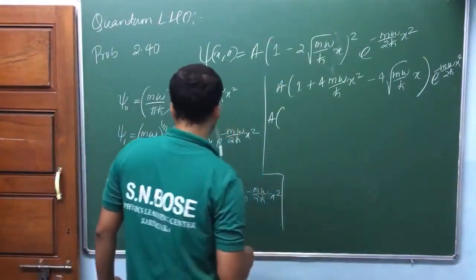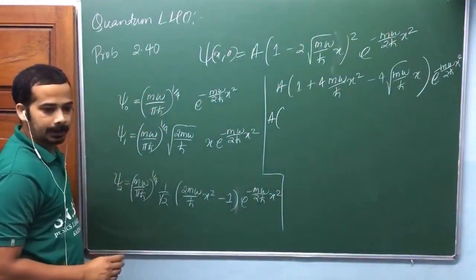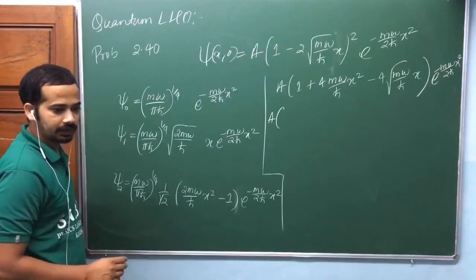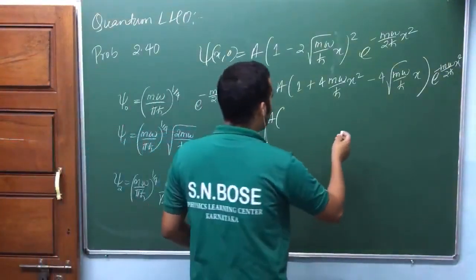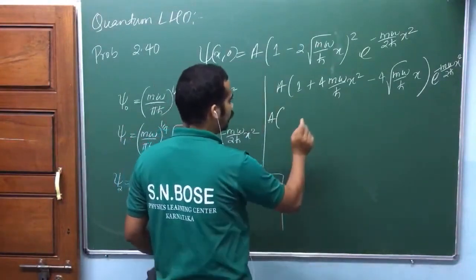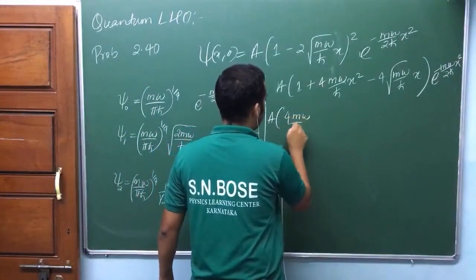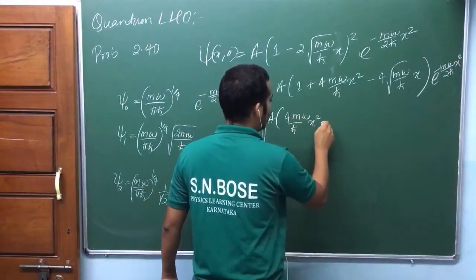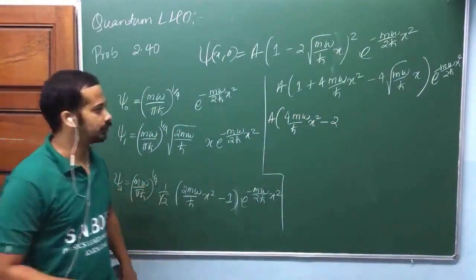Wait a second. Sir, yes, there is another way you can do that. I think you did it yesterday, isn't it? Yes, sir. Yeah, wait. Again, let me try in a new way, okay? In my way. Later you do in your way, okay? So what I'm saying is 4m omega by h bar x square, I need minus 2, if you multiply this one too.